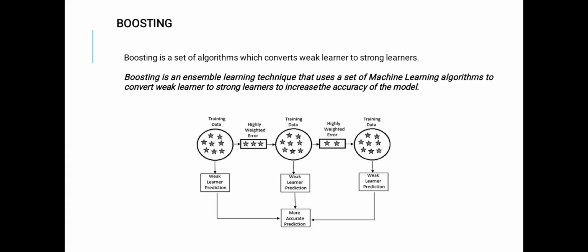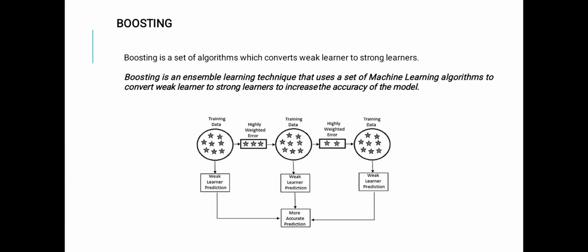Boosting is a set of algorithms which converts weak learners into strong learners. It is an ensemble learning technique that uses a set of machine learning algorithms to convert weak learners to strong learners to increase the accuracy of the model. Initially, a subset of the training data will be given to the first algorithm, where the algorithm learns the pattern and it predicts based upon the performance.